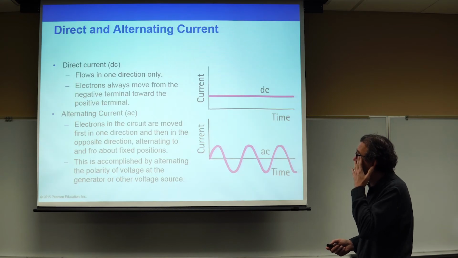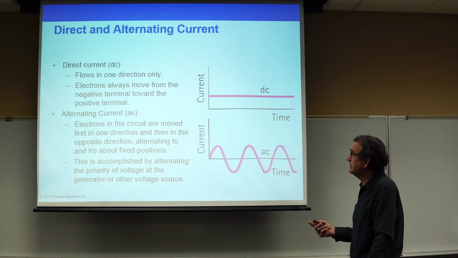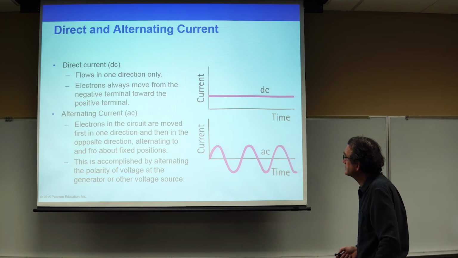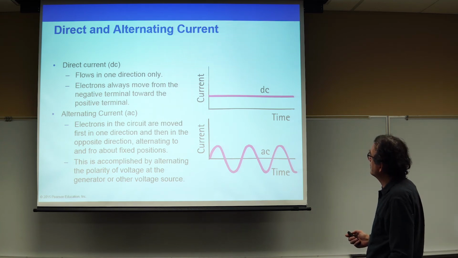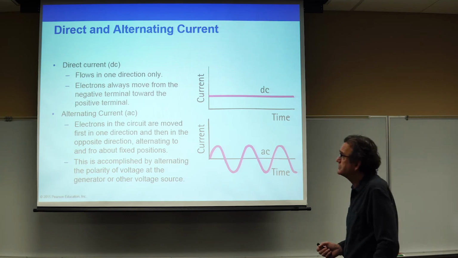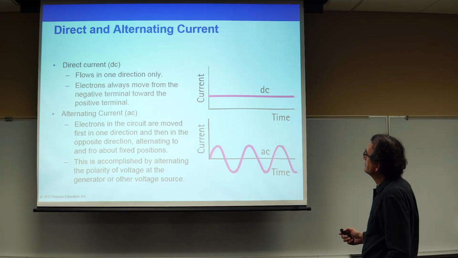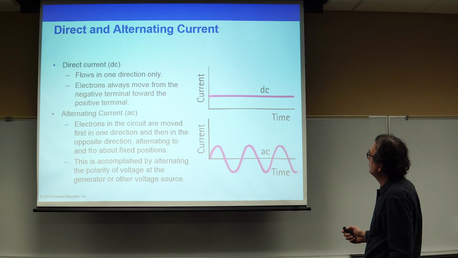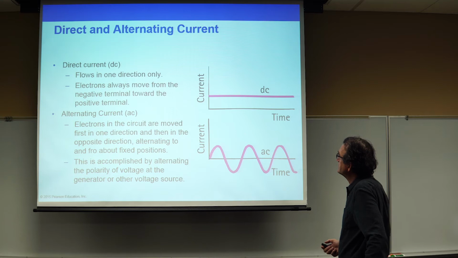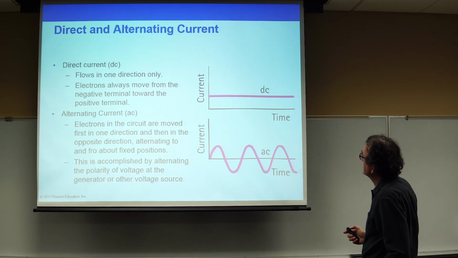Now, we talked a little bit about the difference between direct current and alternating current. This is a picture basically showing what the two look like. If I have what I would call a DC, which means it's a constant voltage source, then the current through the circuit or through the wire will also be constant, and it will be inversely proportional to the resistance, because remember we said that current is equal to voltage, this is the DC voltage, what we would call direct current, divided by the resistor.